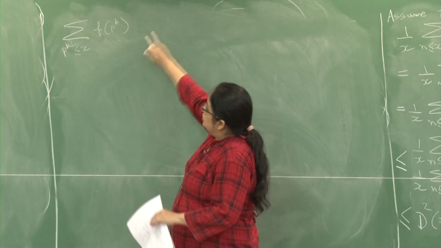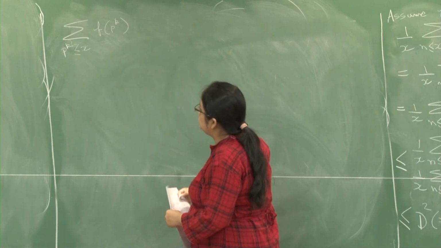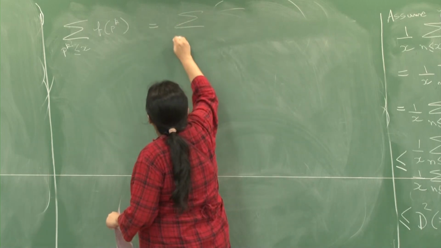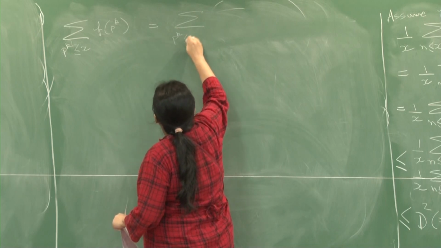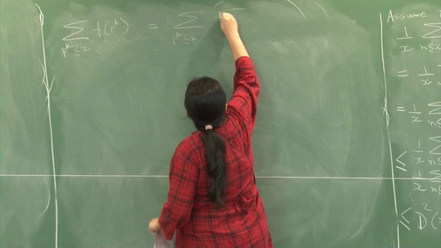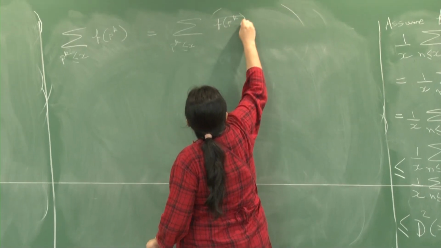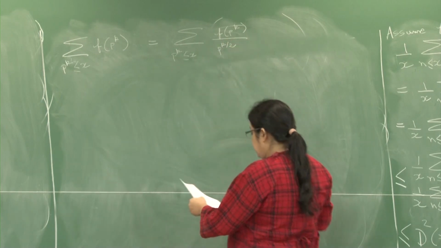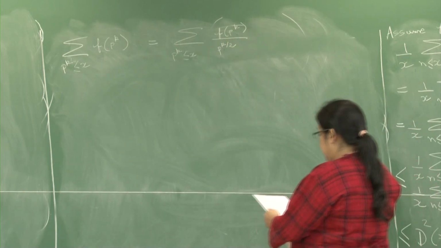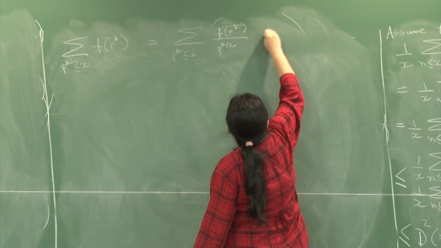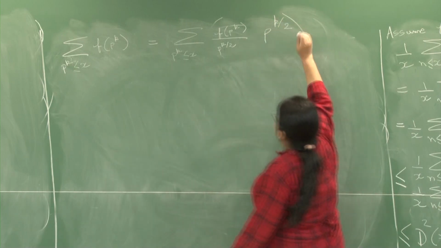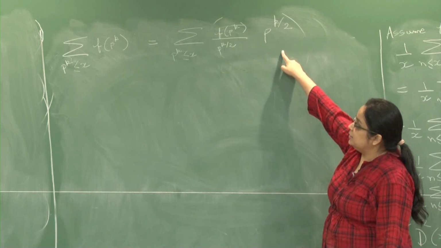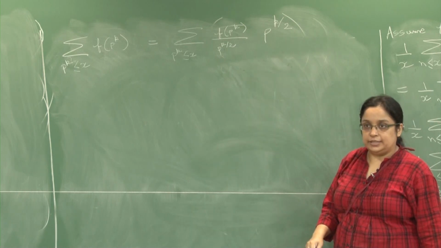So here let's write this as p raised to the k less than or equal to x f of p to the k over p raised to the k by 2, okay, times p raised to the k by 2. Let this be one term, let this be the other term, and let us apply Cauchy-Schwarz inequality.